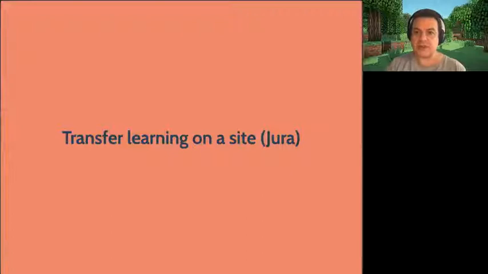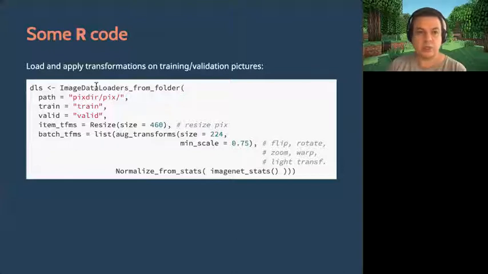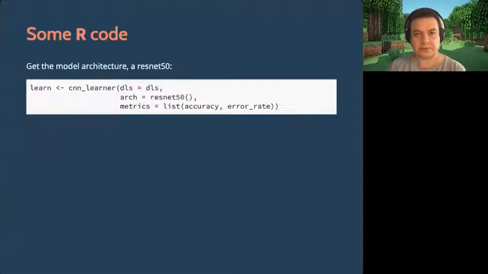First, I did some transfer learning on a study site in the Jura County where we had a ton of pictures manually tagged. To do so, we only need a few lines of code. We first load the fastai library. Then we load the pictures, which we split into a training and a validation dataset, and apply all sorts of treatments to these pictures.